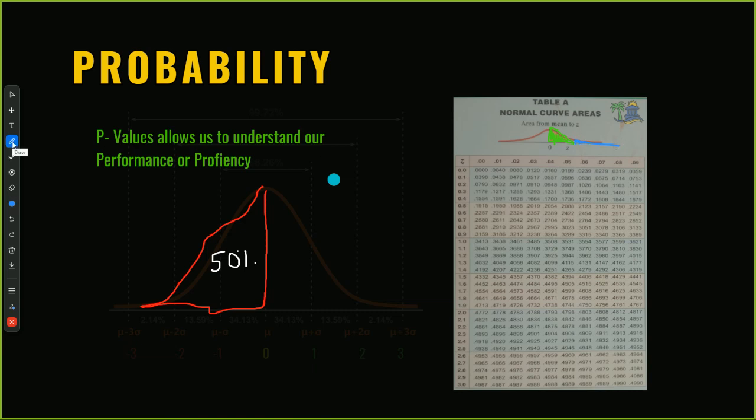So, for example, if I said we have a Z value of 1.02, the way I would see this is I would go down to, let's say, 1.0, and then go over to 0.02.